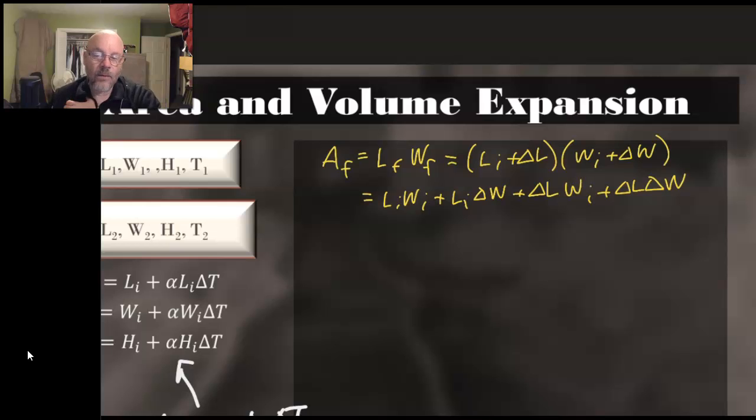Now we're going to do a little trick here to help it be not quite so messy for us. So I want you to take a look here. I've got this is delta L times delta W. Now in the last example we just saw, we could see that those delta values are very tiny compared to their originals. In the example we did, it's less than 1,000 times as small as the original.